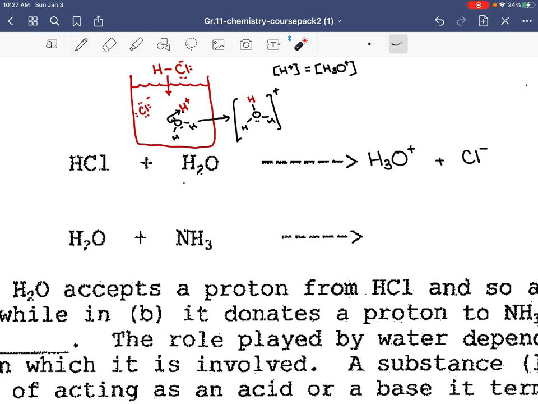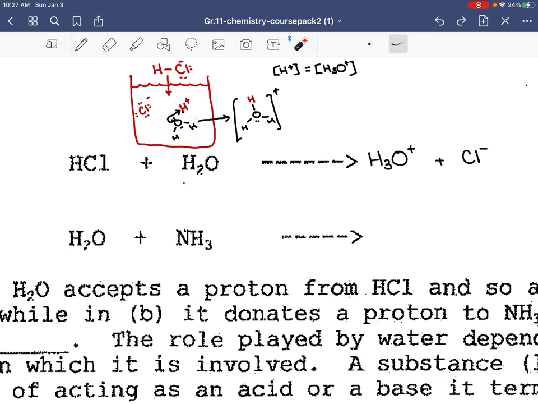So here's what we call a proton donor that Bronsted and Lowry are talking about. This is definitely a proton donor. It donates H to H2O. Let me say that one more time: an acid donates H to H2O.